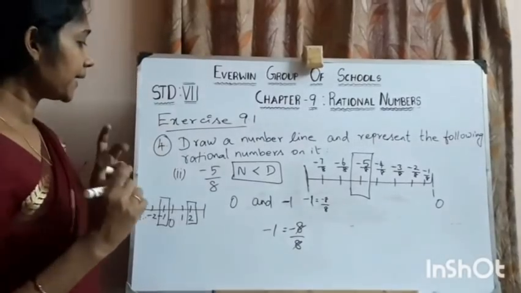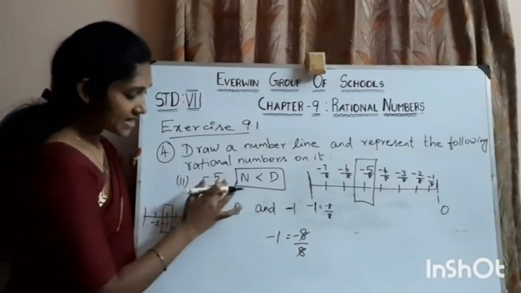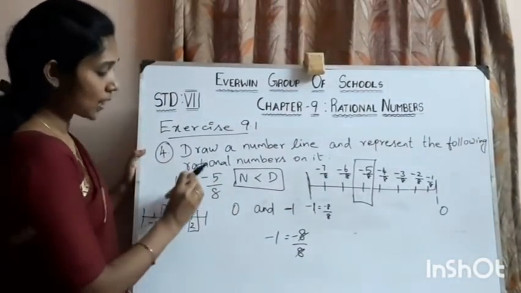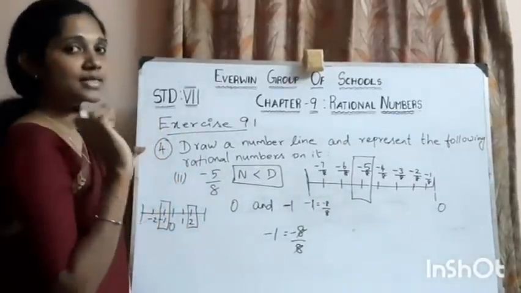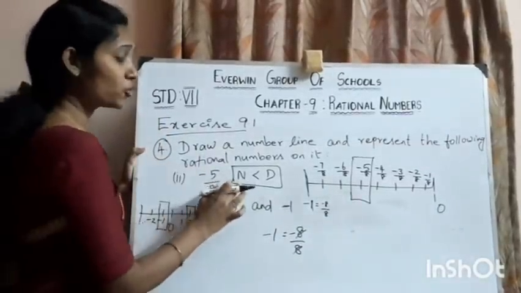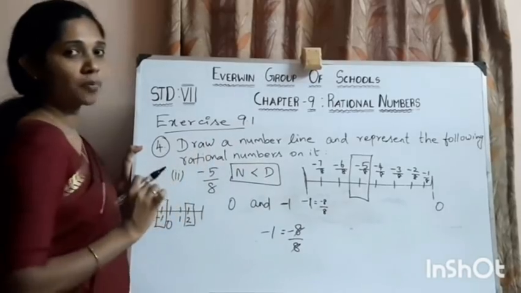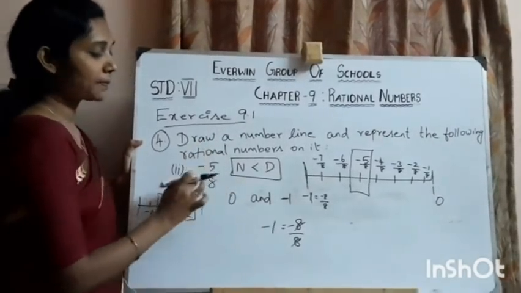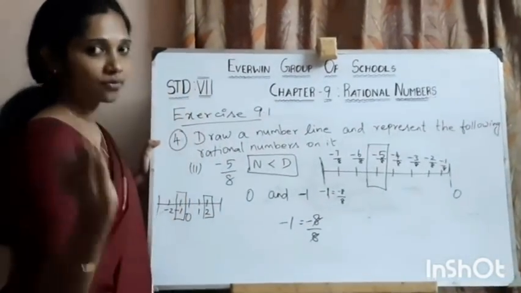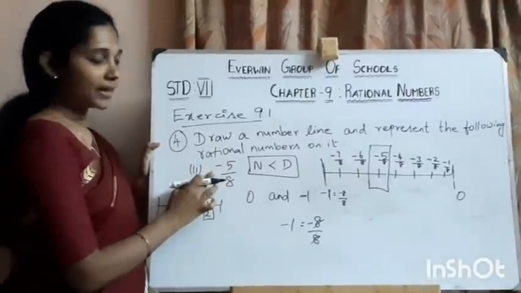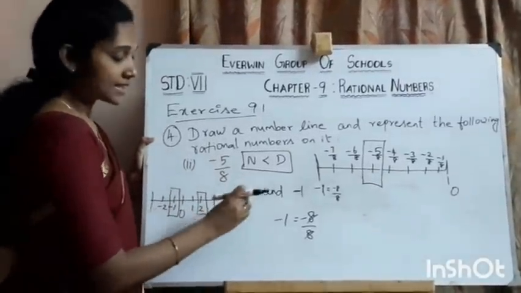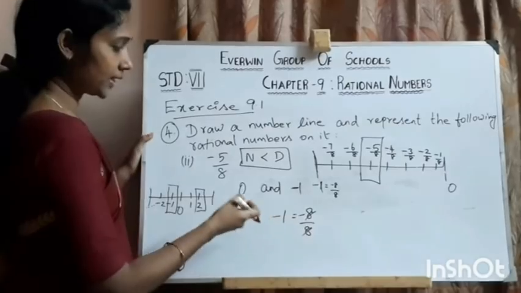So again I will repeat. The question is minus 5 by 8. First you observe whether the numerator is lesser than the denominator. If the numerator is lesser than the denominator, this particular number will be lying between 0 and 1. As this is a negative number, it will be lying between 0 and minus 1. Okay.